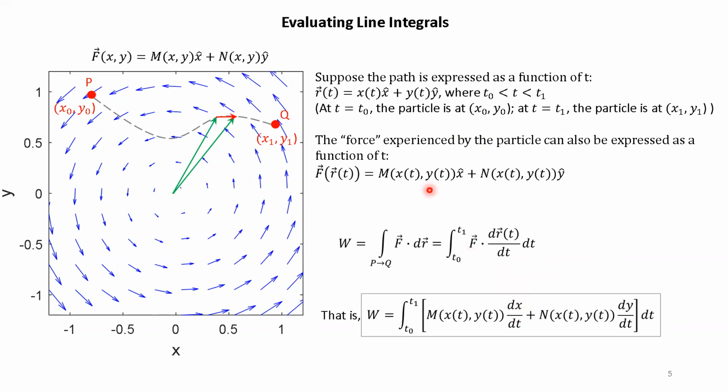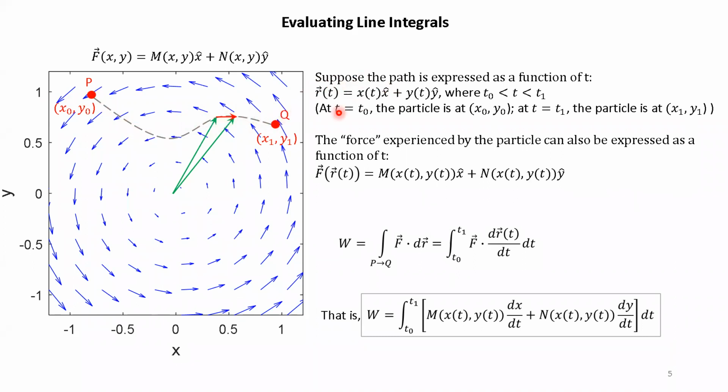Now what we need to do is the following. First of all, if I have this path, I need to tell you how to mathematically describe it. This path is basically given by the head of this position vector arrow as a function of time.